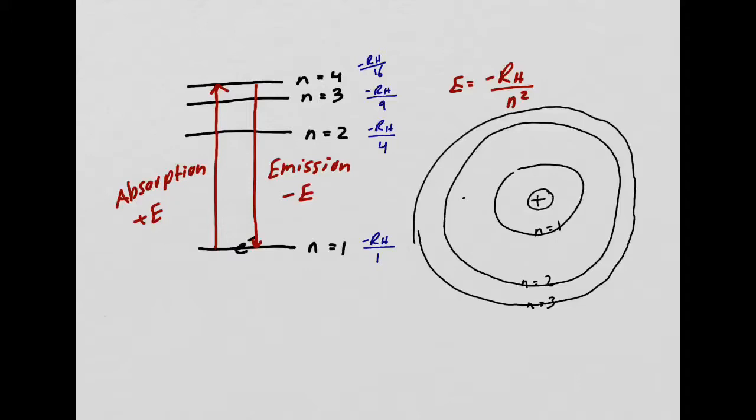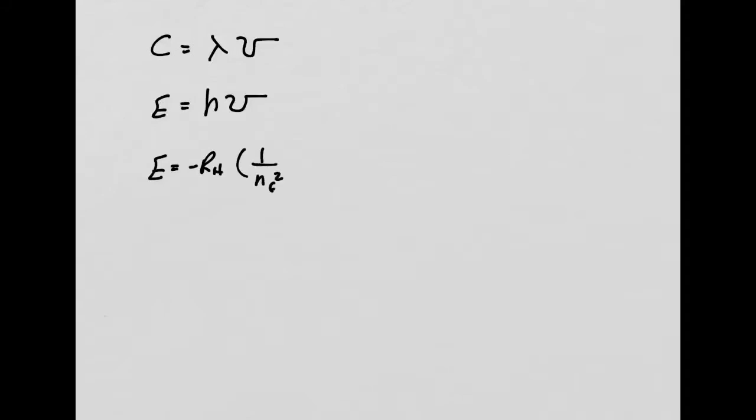Now, I want to do 2 practice problems to end this lecture. Before that, we are going to rewrite all the equations together. Speed of light is wavelength times frequency. Energy is equal to Planck constant times frequency. And energy is equal to minus RH times 1 over n final minus 1 over n initial.